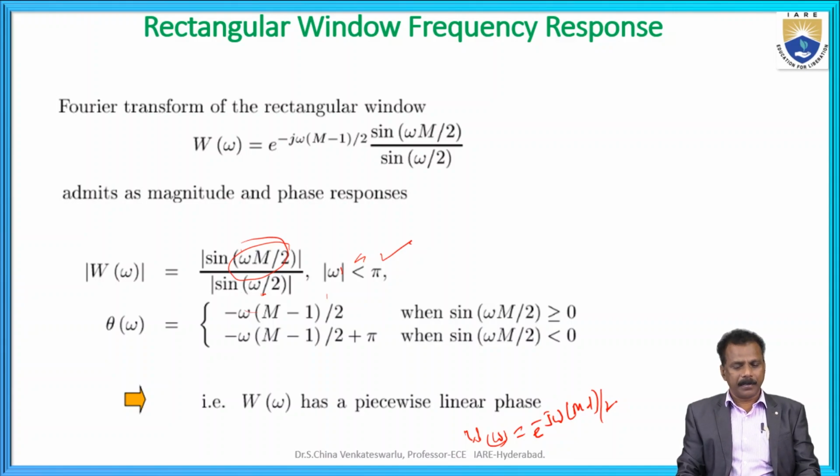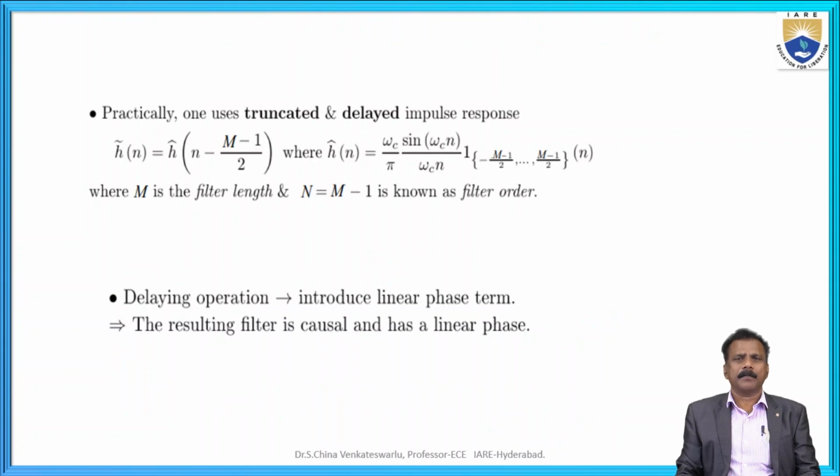Theta of omega is defined when sine of omega M by 2 is greater than or equal to 0, and it is omega of (M minus 1) by 2 plus pi otherwise, where W of omega has a piecewise linear phase. We observe this piecewise linear phase while using the rectangular window frequency response.